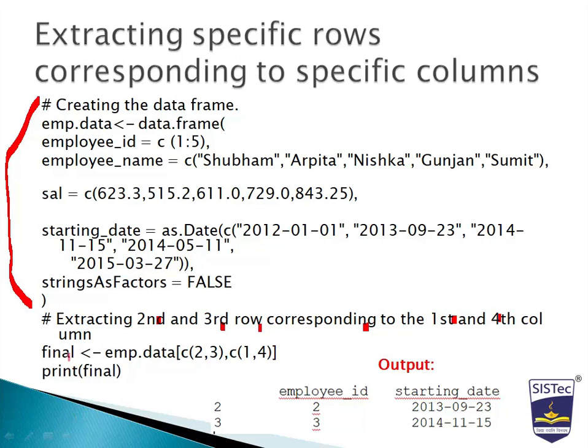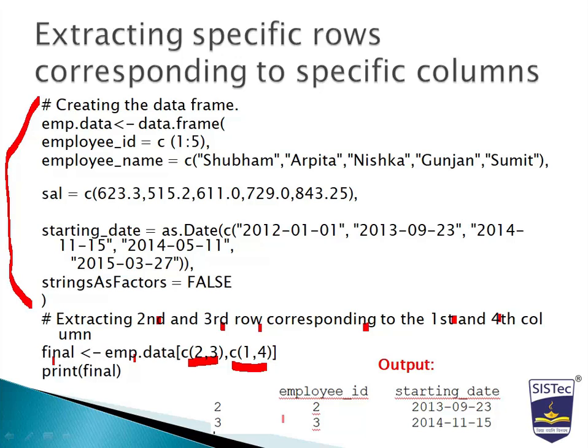So here we create a final, and we use the name of the data frame, employee.data. Instead of a row value we use a vector that contains 2 and 3, and instead of a column value we use another vector that contains column numbers 1 and 4.